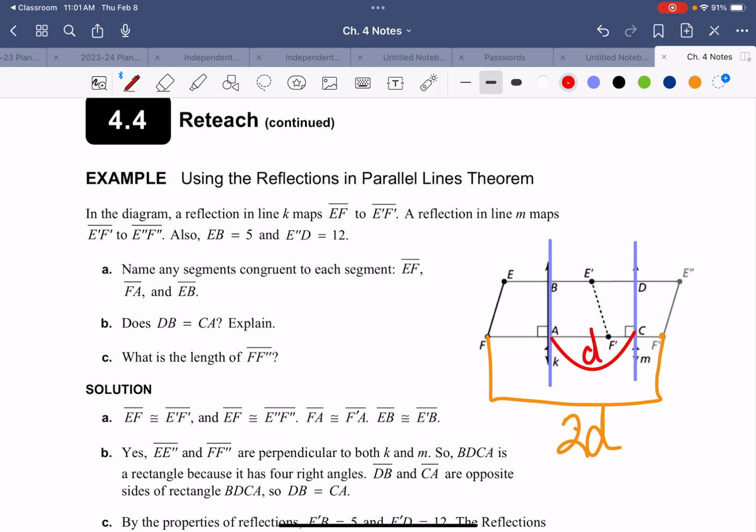So if I measure the distance here and it's D, from F to F double prime is going to be twice that. Okay. I also can tell you that EF is congruent to EF prime and EF double prime because they're rigid transformations. I can also tell you that EF and EF double prime are parallel.